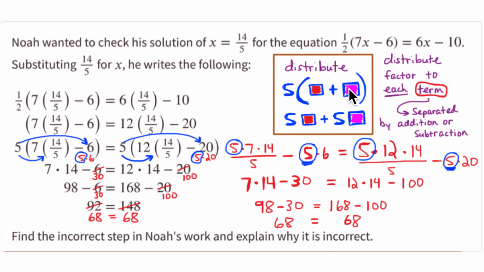Well, why? Because it's 5 groups. It's 5 of these and it's 5 of these. So distribute the factor to each term, which are separated by addition or subtraction.